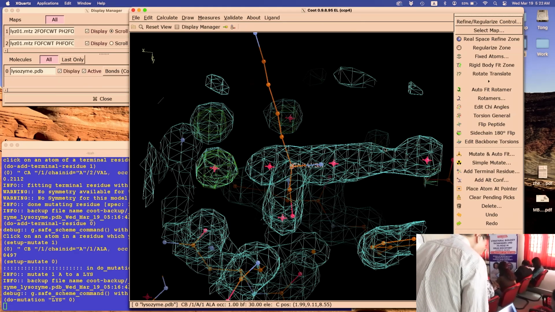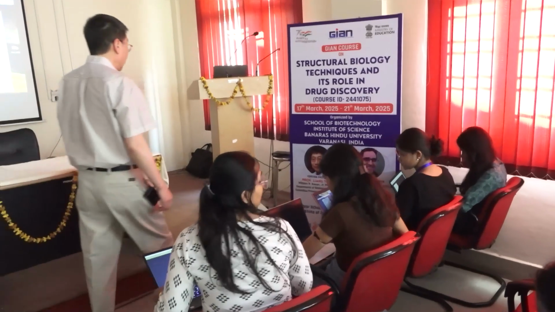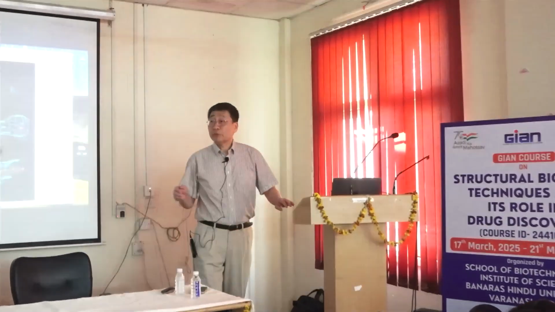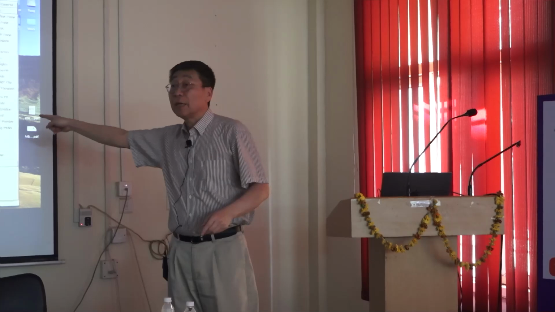Okay. Add terminal residue. Add terminal residue. That's right. So, yeah. All right. So I guess a few of you may not be in the right place. May not be in the right residue. Is that true? How many are not in the right residue? Speak up, please. You're not at this place.